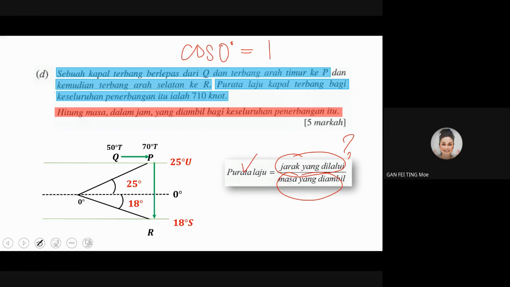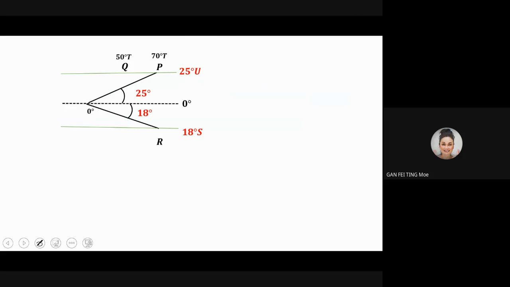Okay, now let's continue. Once you understand the diagram, see, 710 knots is equal to the distance of PQ plus the distance of PR, divided by the time. Now you calculate the distance of PQ. What do you do? It is the difference.